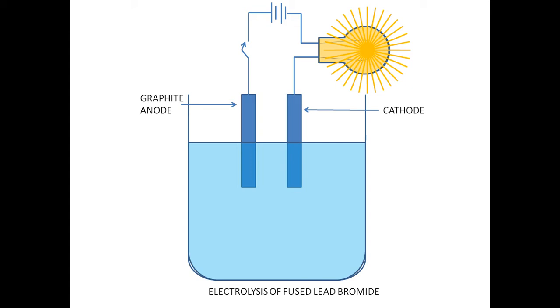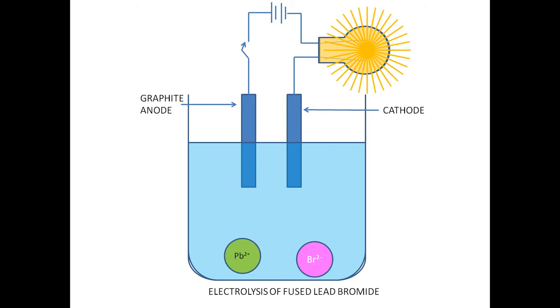This means that fused lead bromide starts conducting electricity, because of which the bulb glows. As lead bromide is an ionic compound in fused state and it is an electrolyte, therefore lead bromide on passing electricity dissociates into ions.